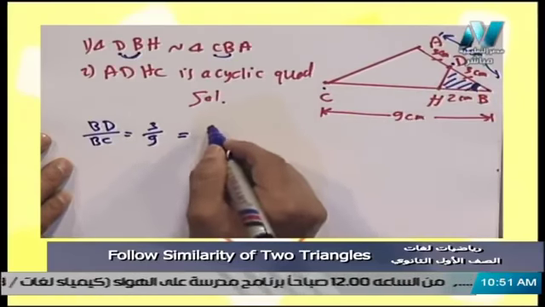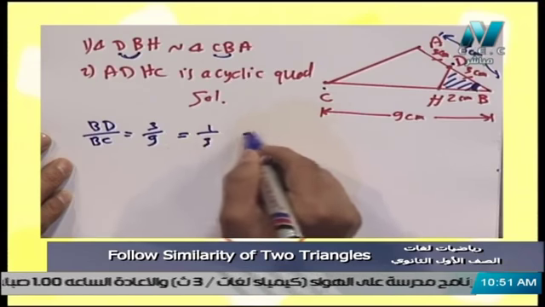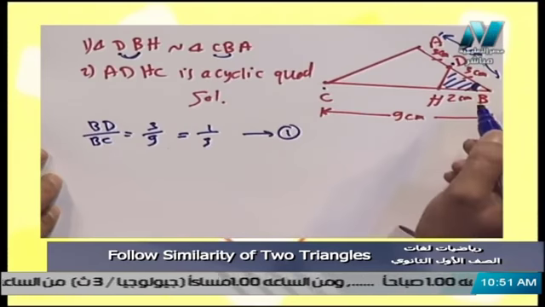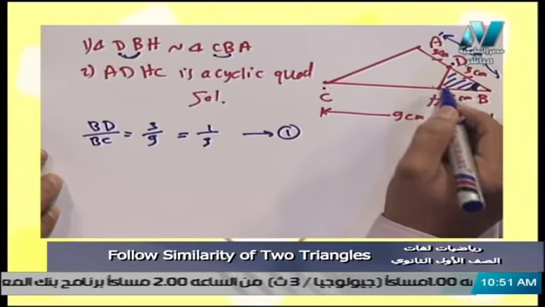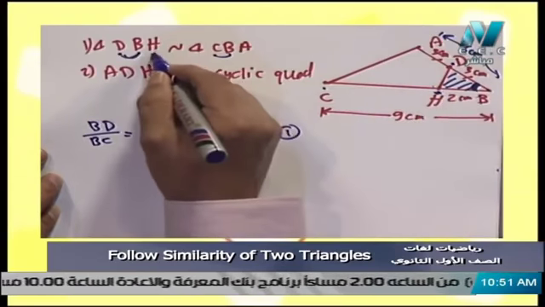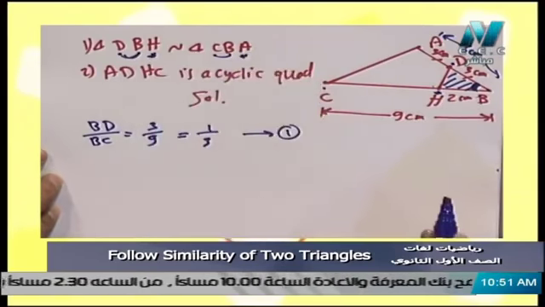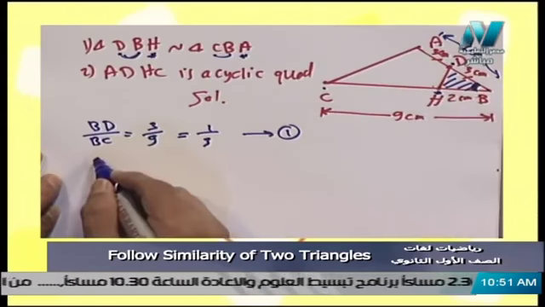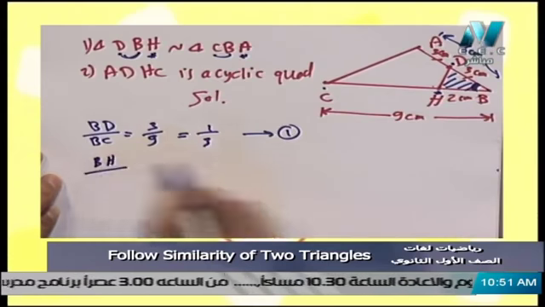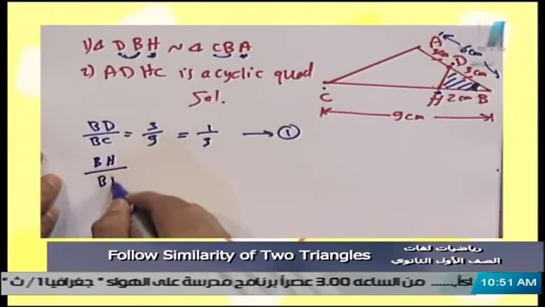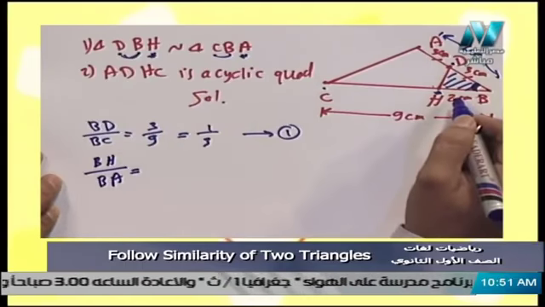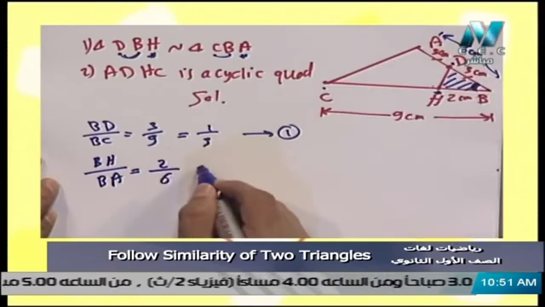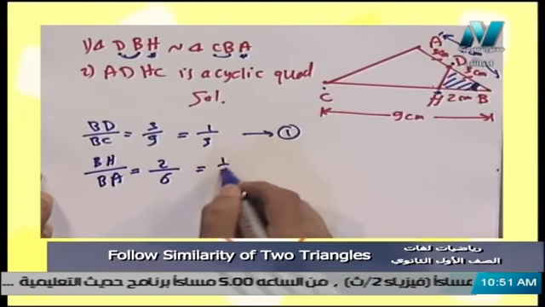In simplest form it will be 1 over 3. This is the first ratio, and the second ratio will be BH over BA, because H here is corresponding to A. BH here equals 2 and BA equals 6, and we simplify it, it will be 1 over 3.